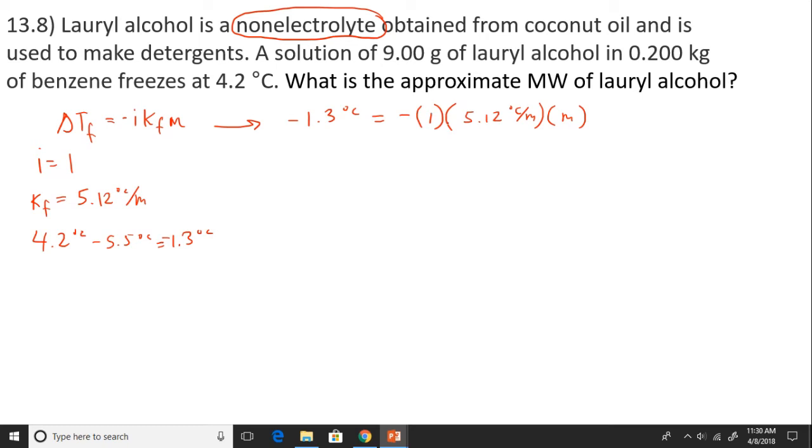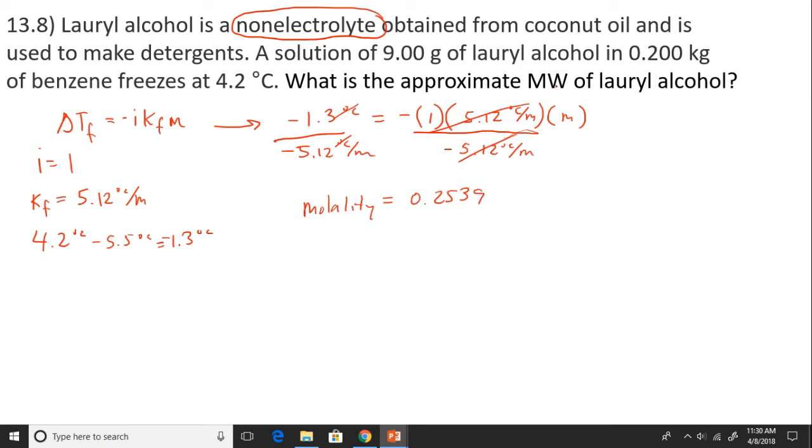So we're going to end up dividing by negative 5.12 degrees C per molal, and we'll divide this side by a negative 5.12 degrees C per molal. So the degrees C cancel, and we're left with a molality of 0.2539. But we're not done there.